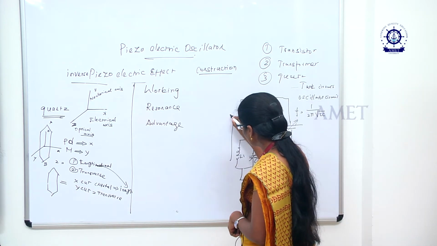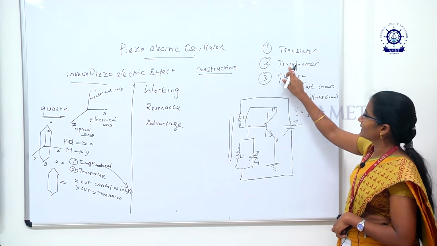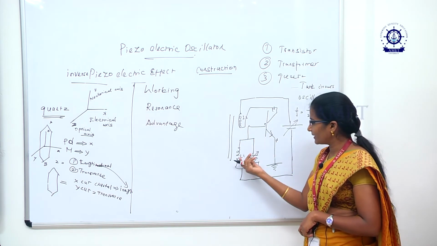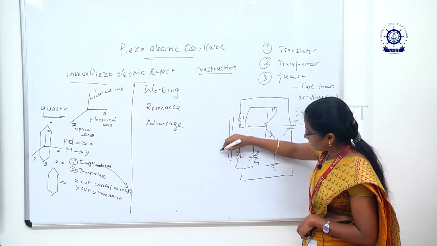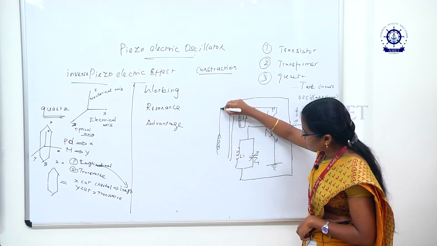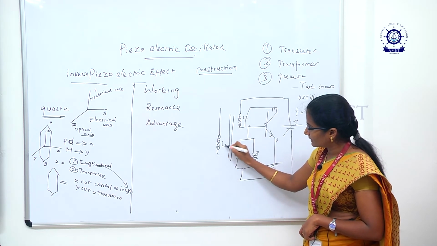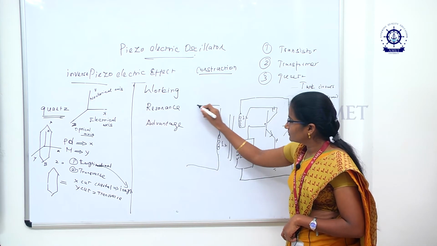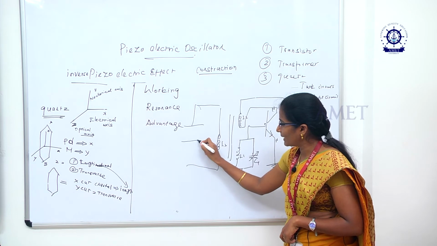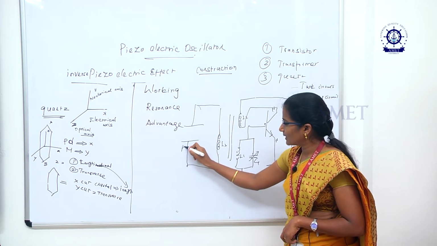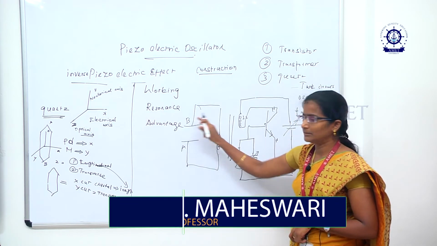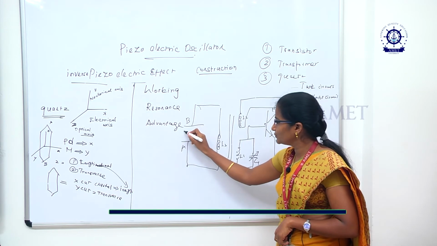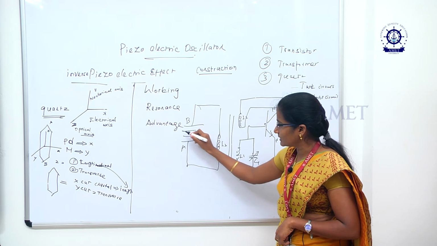Then, as we already mentioned, a transformer is used in the oscillator circuit. This is the primary circuit. The secondary circuit is another inductance coil, named L3, connected with two parallel plates, named A and B. Inside these parallel plates we fix the quartz crystal.